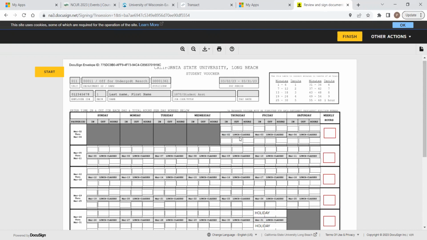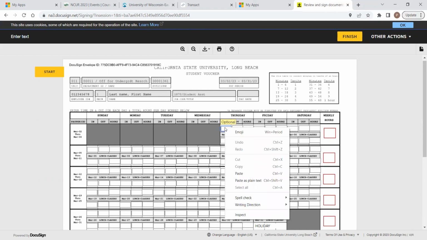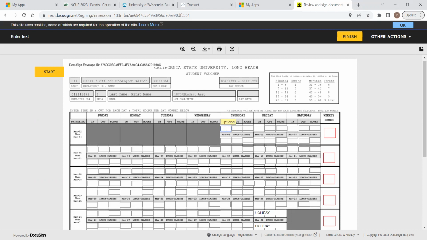Or this is also for the students that work 8 hours a day or at least more than 6 hours a day. So just a reminder, if you're working more than 6 hours, you are required to take a 30-minute unpaid lunch break, which means you're supposed to report right here when your break is.